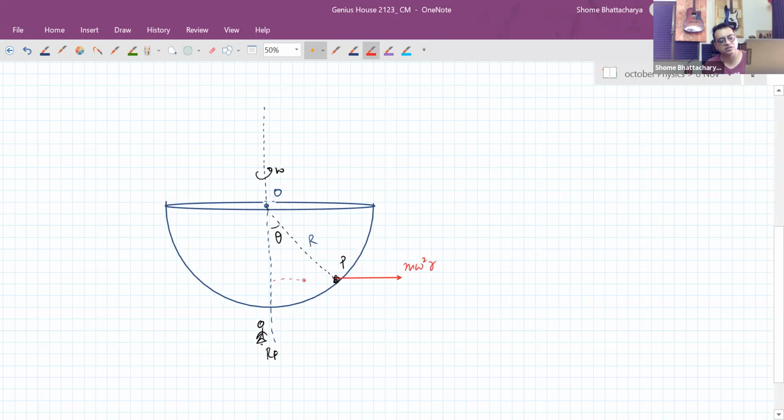And this distance here is the perpendicular distance from the axis of rotation. So here small r will be capital R sine theta.